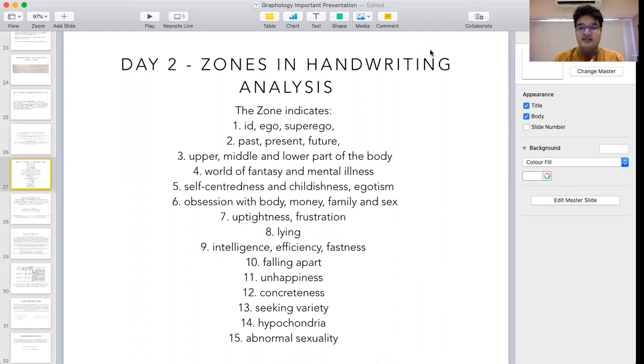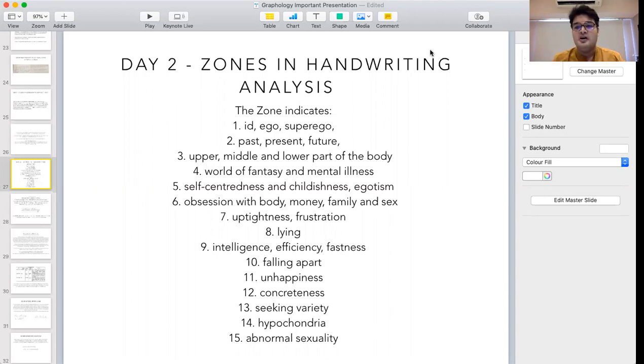It indicates the id, ego, superego, the past, present, future, the upper, middle and lower part of the body, the world of fantasy and mental illness, self-centeredness and childishness, egotism, that is the ego of an individual, obsession with the body, money, family and sex, uptightness, frustration, lying, intelligence, efficiency, fastness, falling apart, unhappiness, concreteness, seeking variety, hypochondria, abnormal sexuality. There are a lot of aspects, right, in zones.